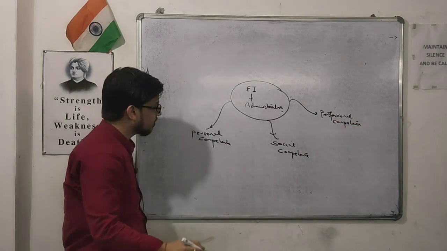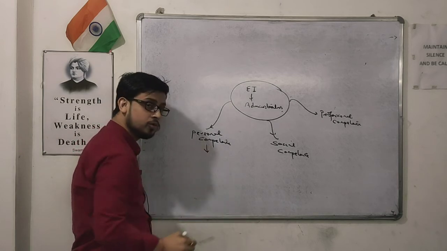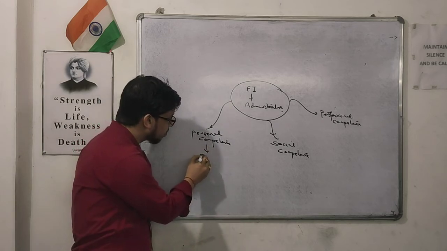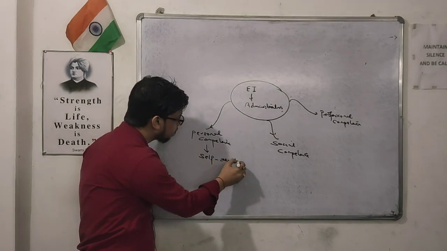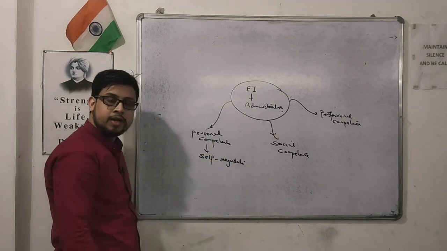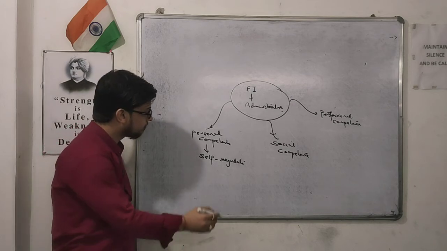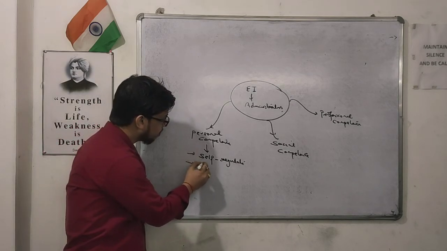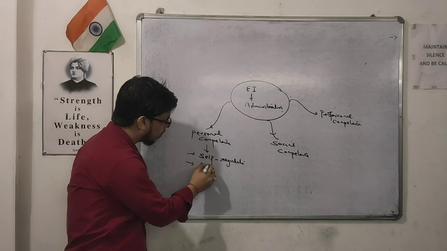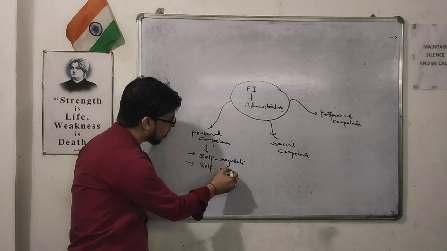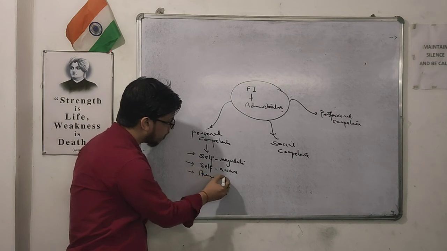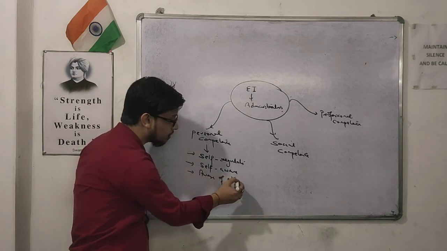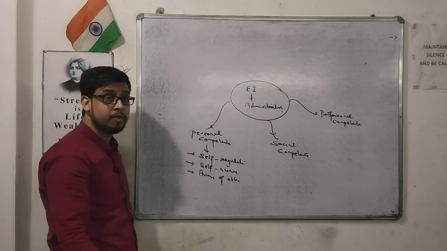At personal competence, he is able to self-regulate his or her emotions, be self-aware about his or her emotions, and aware of others' emotions, so that he can take better decisions at a personal level.